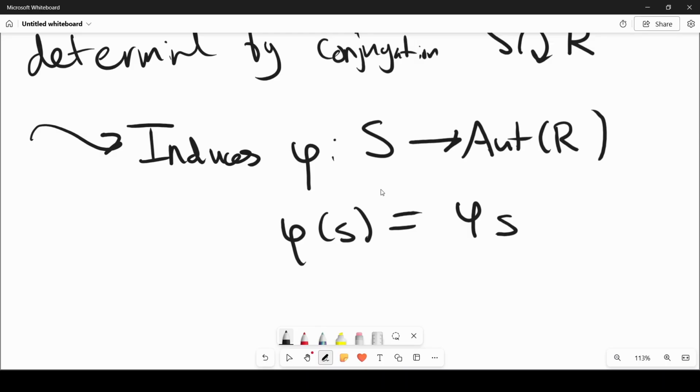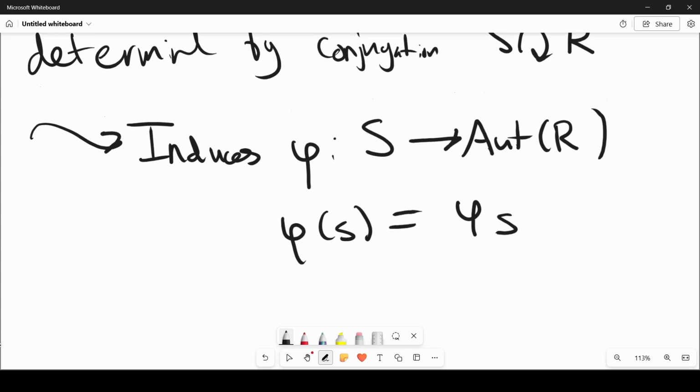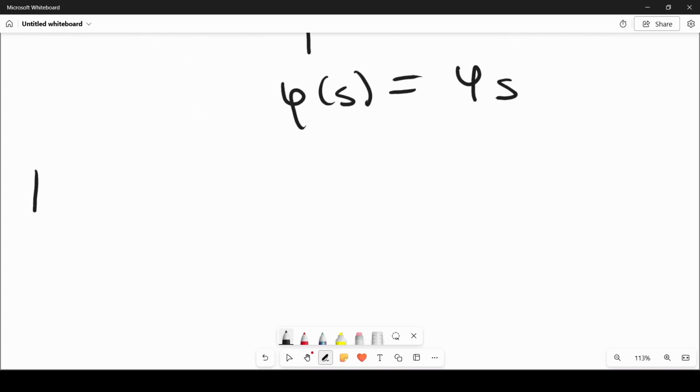So this map just sends an element S to the conjugation action. It's an automorphism which is conjugating by this element of S on any element of R. Okay. So finally I can make a definition.